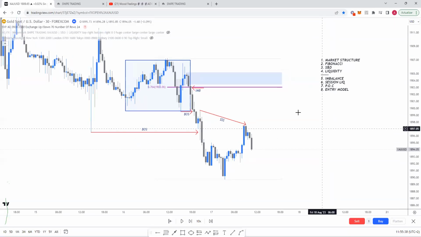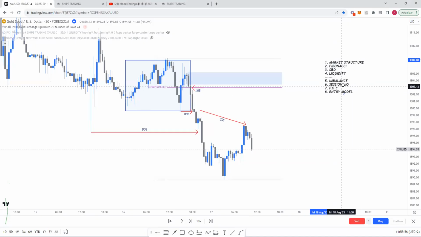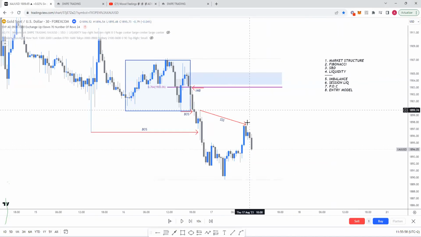And entry model, we also had the trend continuation entry model, which I explained on Instagram. You have it also explained in the vault, the entry models. So on this setup right here, we had 8 of 8 confluences.